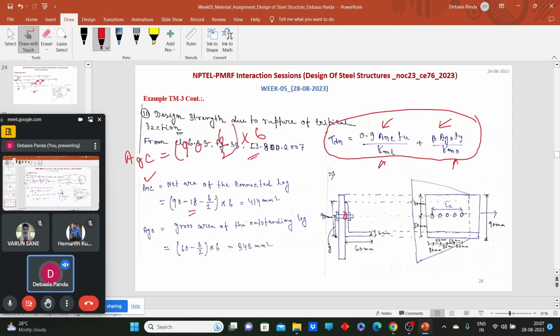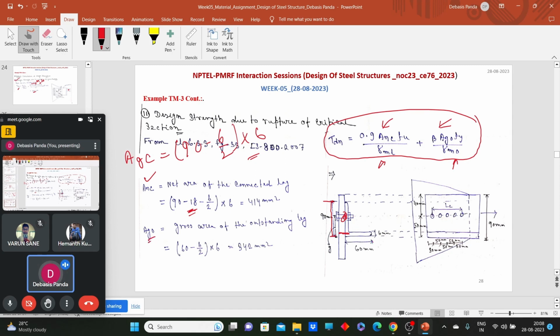So 90, that is the total leg length, minus the hole diameter 18, minus 6 by 2, because we are considering up to this part. Why? Because if we consider up to the last part, we have an overlap zone, and our estimation will be higher than the actual value. Okay, now what will be the gross area of the outstanding leg?